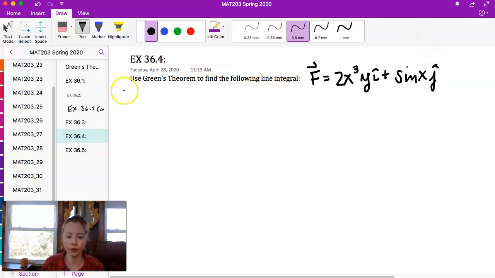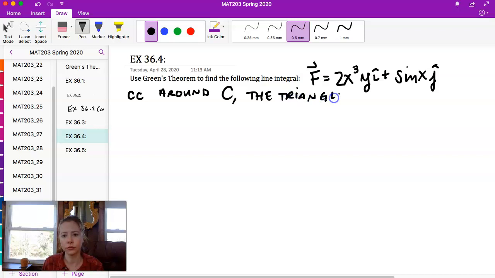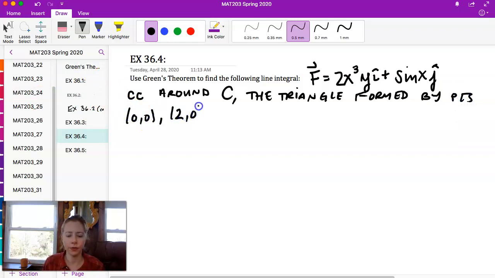And we're going to look for the line integral going counterclockwise around C, which is going to be the triangle formed by the points (0, 0), (2, 0), and (0, 4). Okay, so give it a pause, try this one on your own first, and then proceed for the solution.